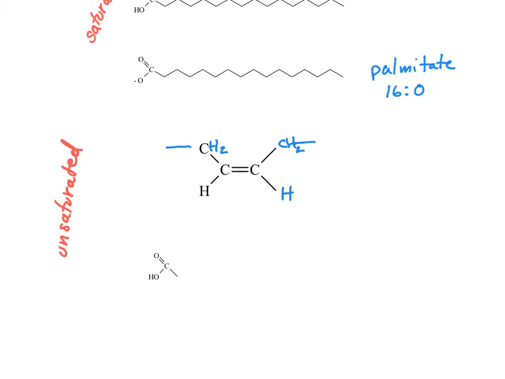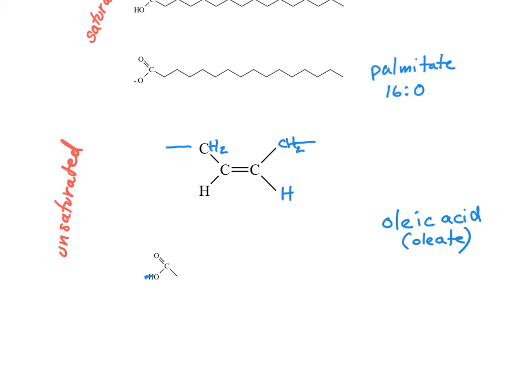Okay, so how do we deal with this? Well, let's talk about a fat that we might call oleate. It's actually oleic acid, but remember, I'm going to change it to oleate because we would expect it to be deprotonated on the carboxylic acid. So that's the first thing I'm going to do: take away that H and make it an O minus. Here's how we do it.